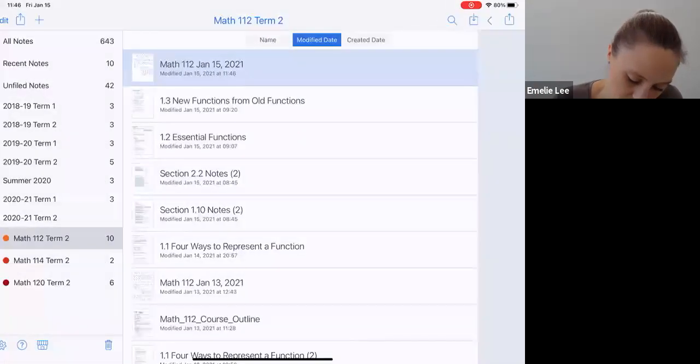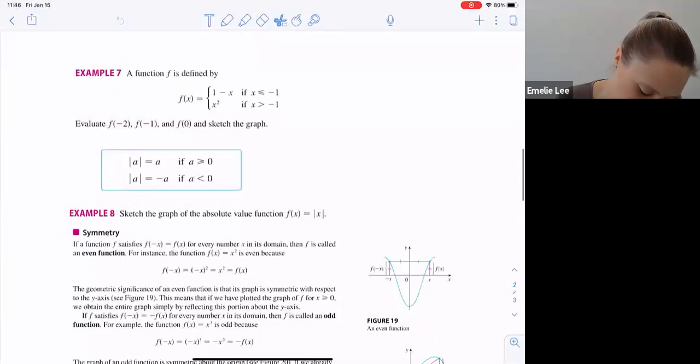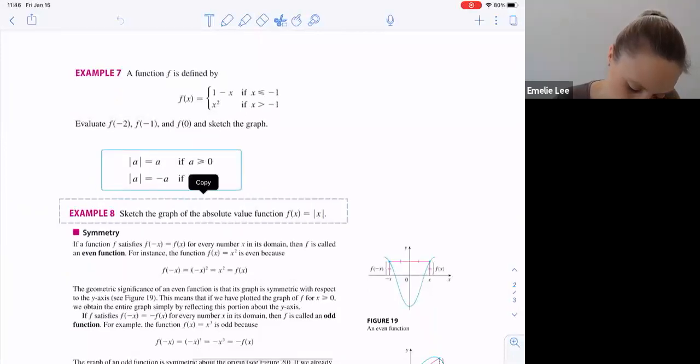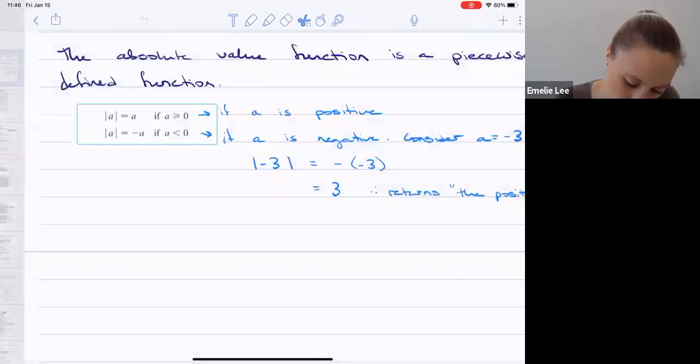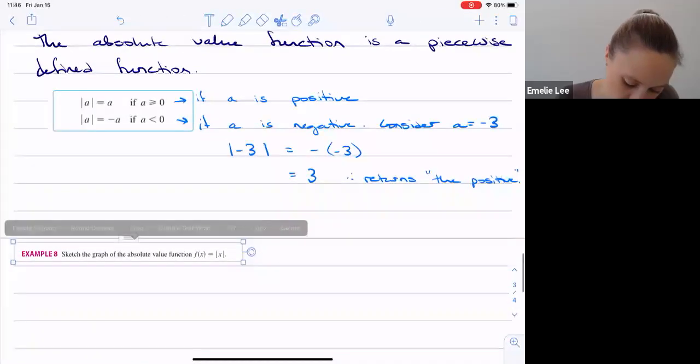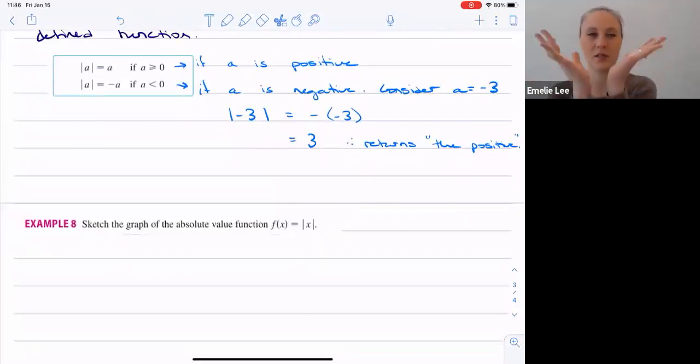So let's do an example with the absolute value function. You probably know already what the graph of the absolute value function looks like, right? It's just this V, where it's a straight line of y equals negative x and then y equals x.